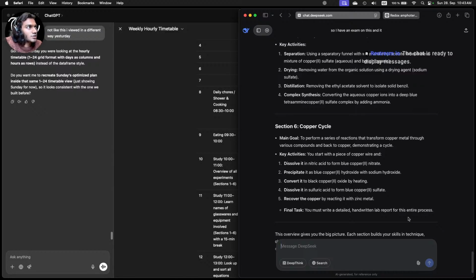Key activities: you start with a piece of copper wire.